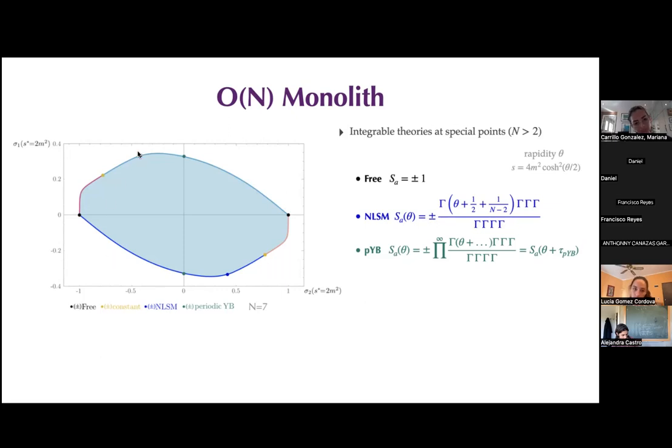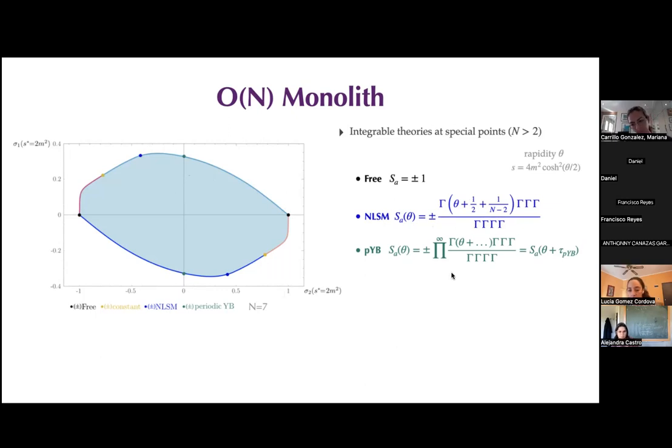But if you switch the sign, you also get a point at the boundary. It's a non-perturbative S matrix, but you don't have a known theory for it. And then there is a third integrable point given by these green dots, which we call periodic Yang-Baxter.